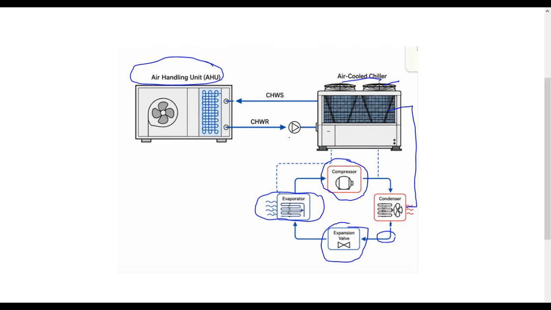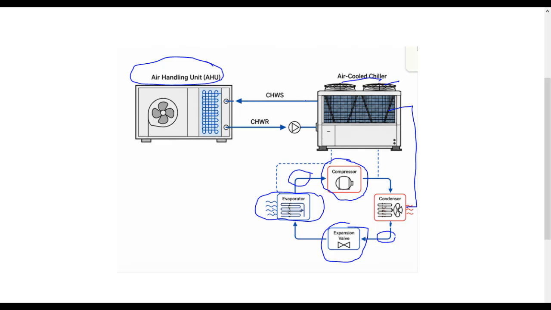With the help of a pump we send water into this heat exchanger. The refrigerant present in the evaporator absorbs heat from the water, and we get very low temperature water. The temperature of the refrigerant is a little bit higher, but its pressure is low, so it goes back to the compressor.